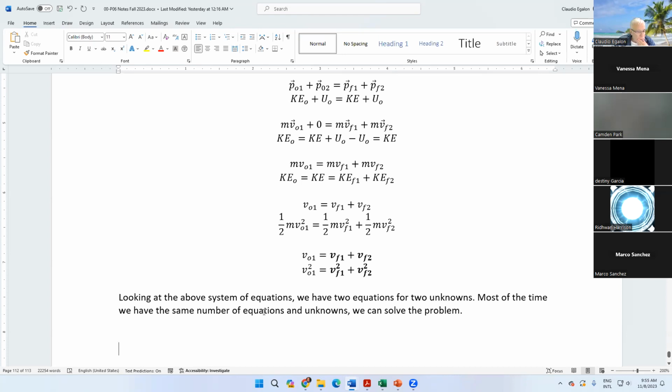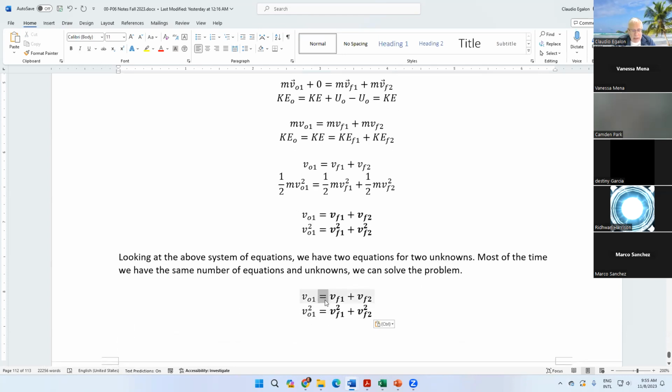How do we do that? One way to do that is to write one unknown in terms of the other unknown.